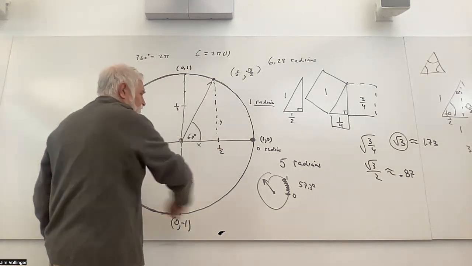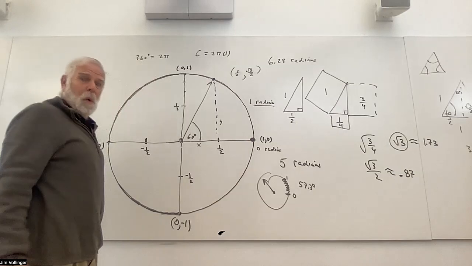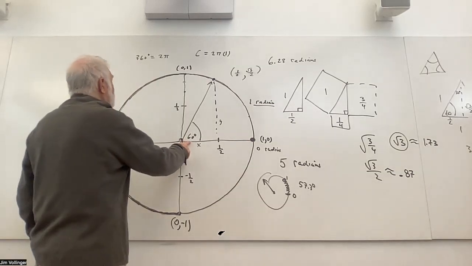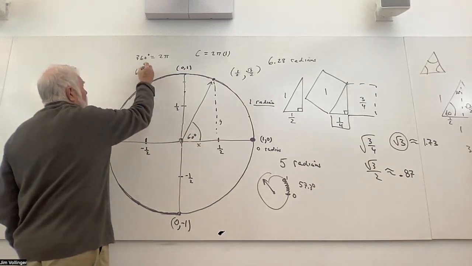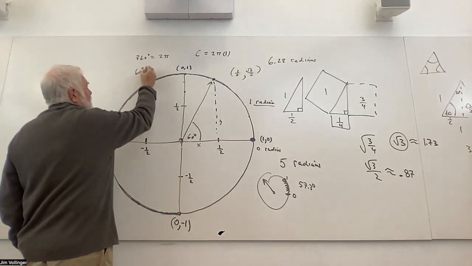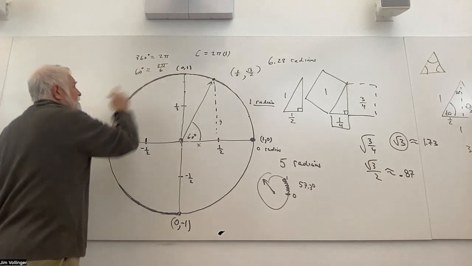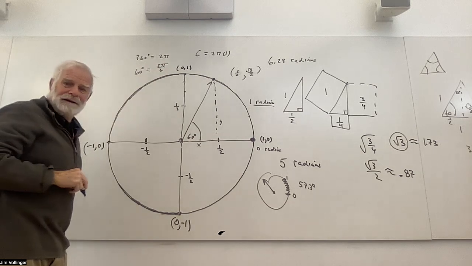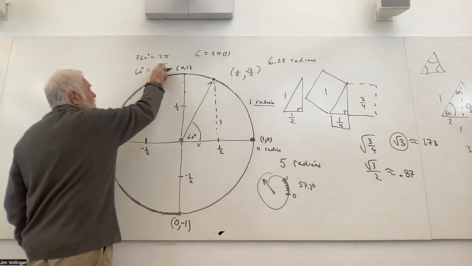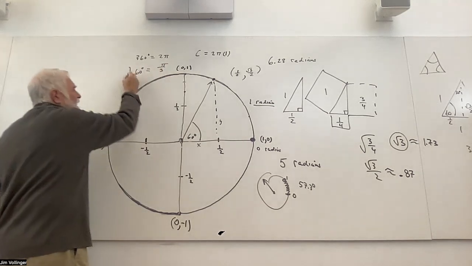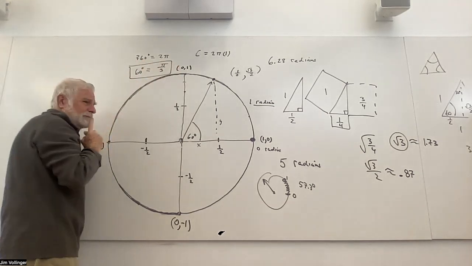Then there's 6.28 radius lengths all the way around the circle. And how does 60 degrees compare to 360? It's 6 parts, yes? 6 times 60, 360. And that can be reduced. 2 pi over 6 is pi over 3. So there's an equivalent language system.